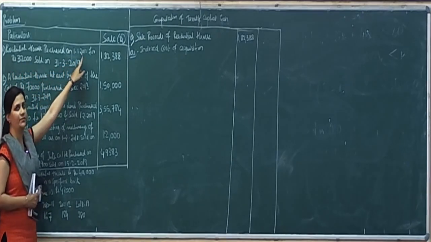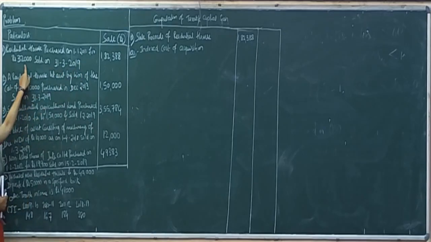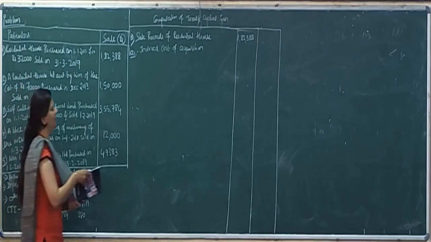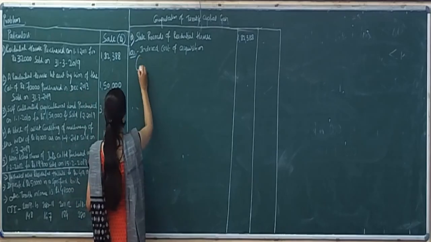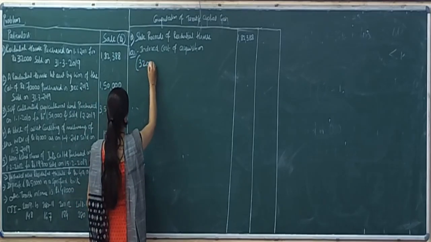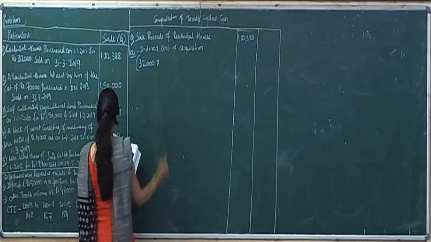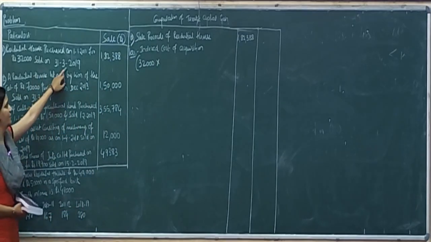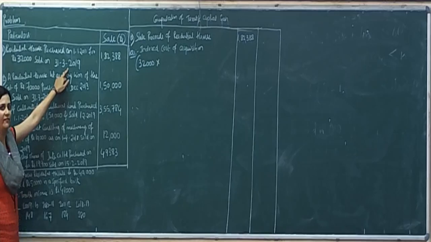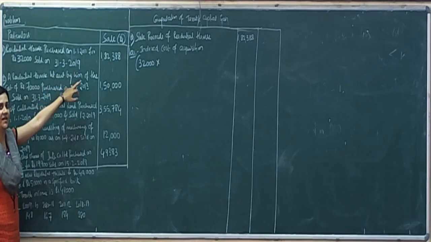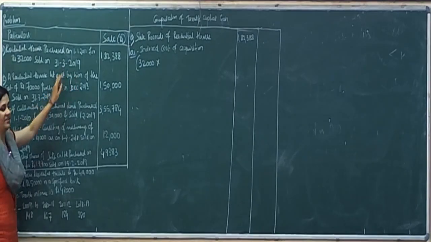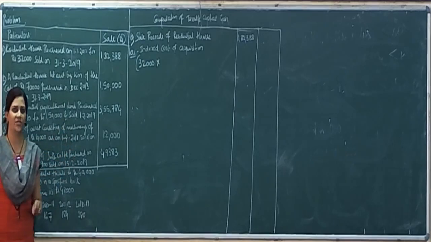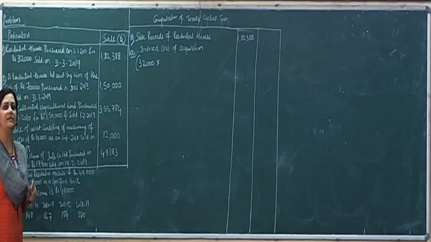Here they have given residential house on 1st January 2011 for rupees 32,000. And when it was sold, 2019. So what is the formula? Cost into CII for the year of sale divided by CII for the year of purchase.